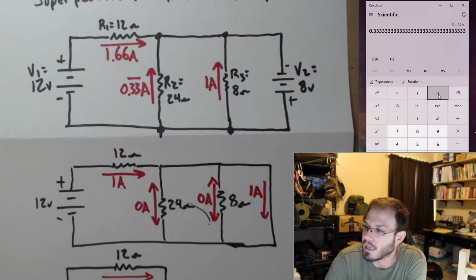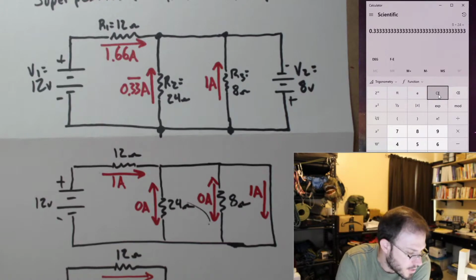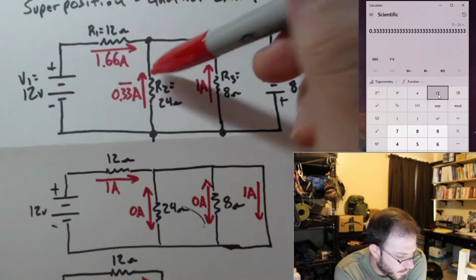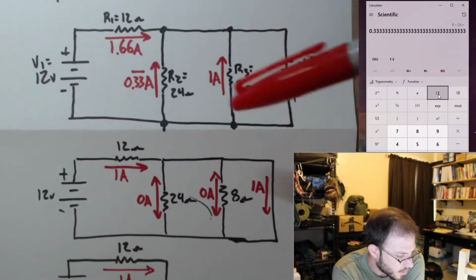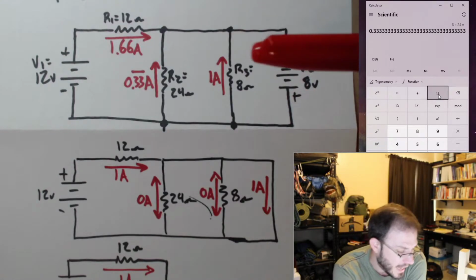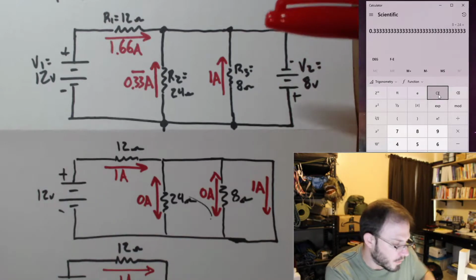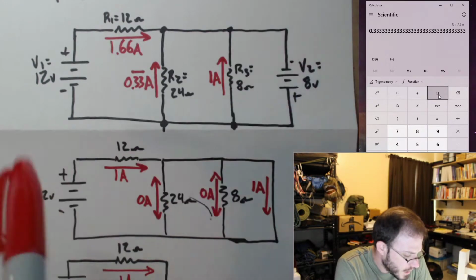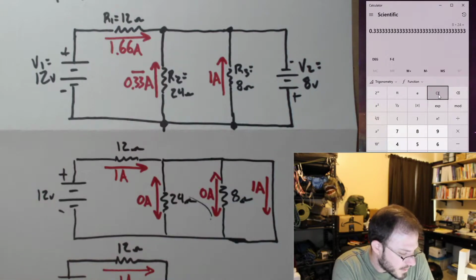Yeah, absolutely, 0.33. So with KVL, I've confirmed that my superposition solution is indeed correct. And that's one of the nice things: you can check as you go using all of your rules, and it gives you a ton of practice. It's one big complete system of rules that works.